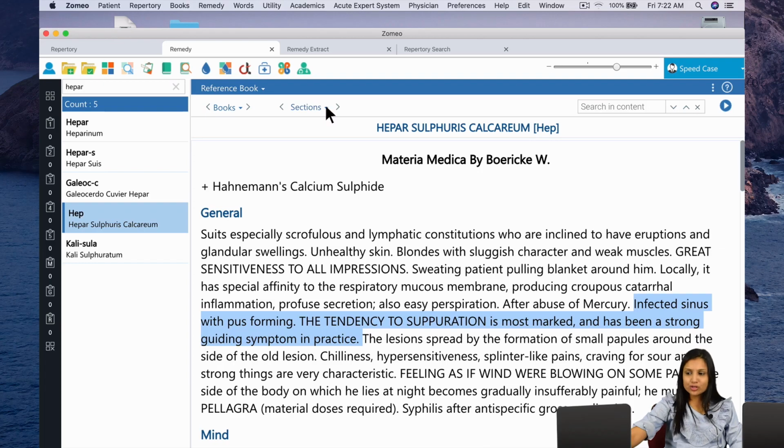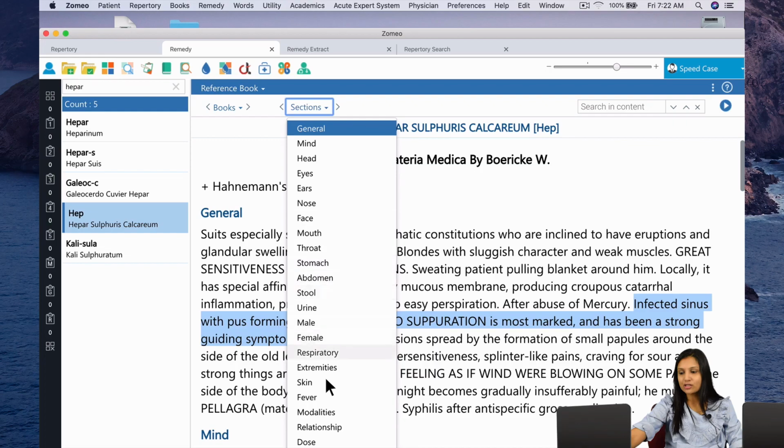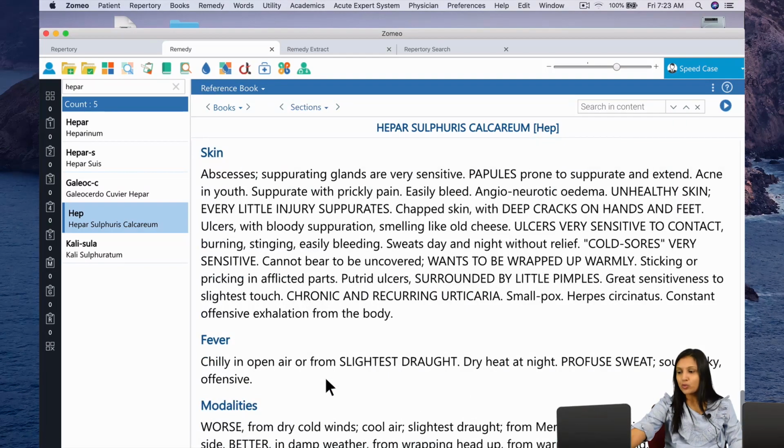If we go closer to the section on the skin, to jump to a particular section in this Materia Medica in these notes, click on sections and we click on skin. Look at what is written in bold capital. Unhealthy skin, every little injury suppurates.